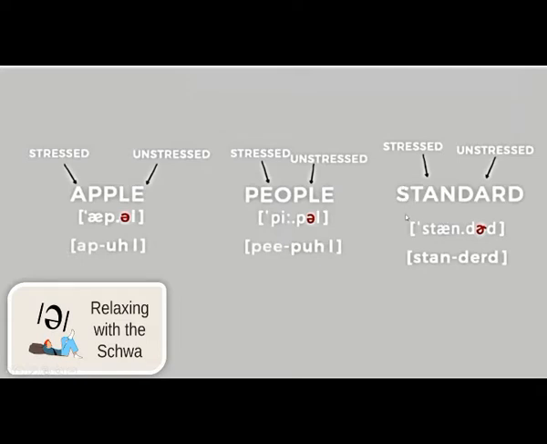The stress is on the first syllable, stand, and the last sound is a schwa. So the schwa is an unstressed sound, pronounced as an ah. As you see here, it's relaxing with a schwa. It's also a meme: the schwa is an unstressed sound, so I want to be like a schwa, unstressed.